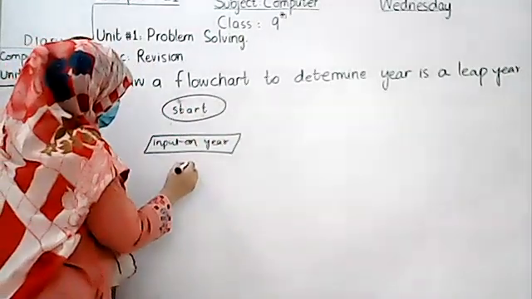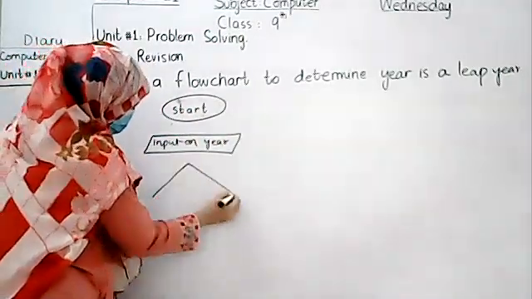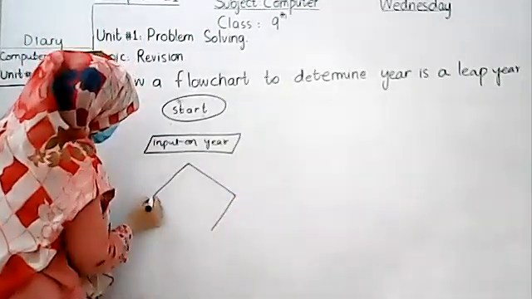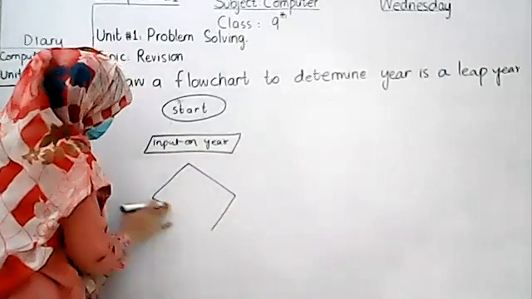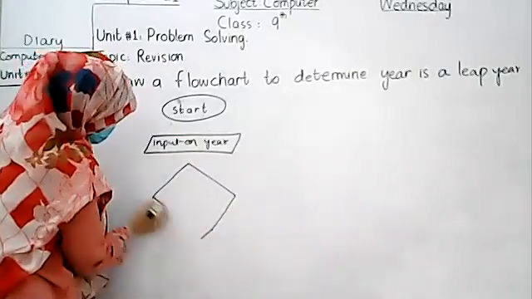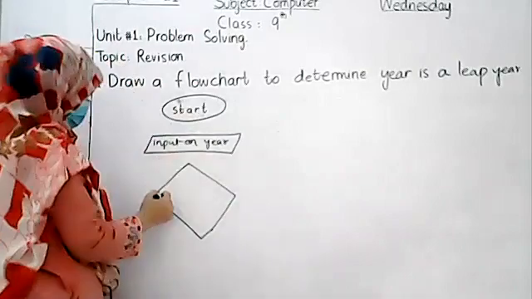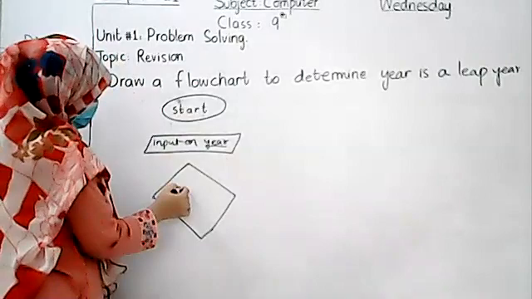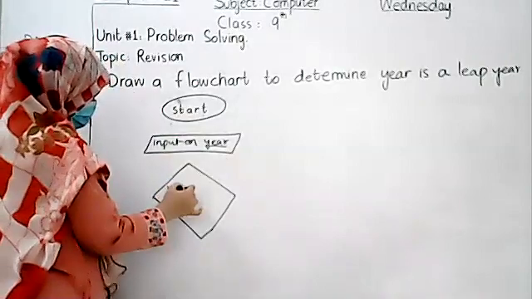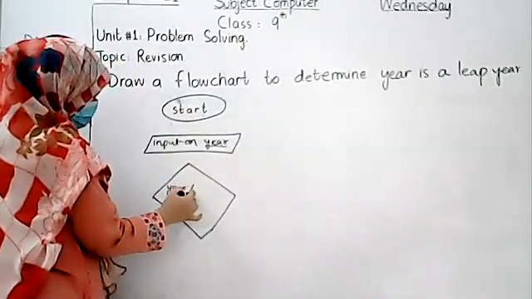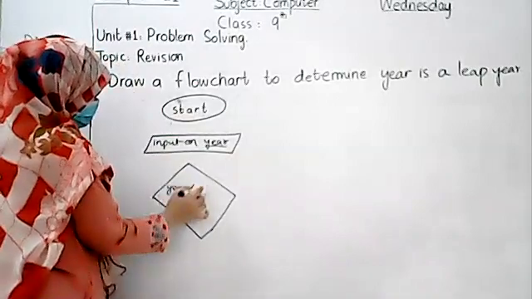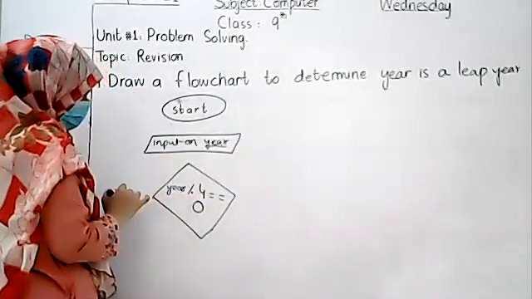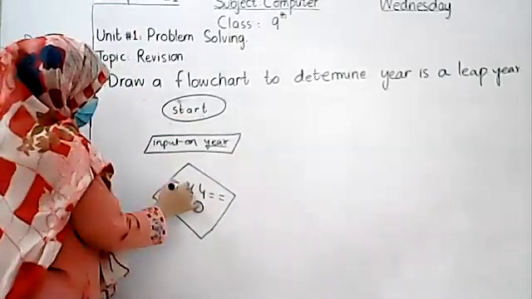Then we will go for the decision, the diamond symbol: if the year is divided by 4 and its answer is 0, meaning its remainder is 0.